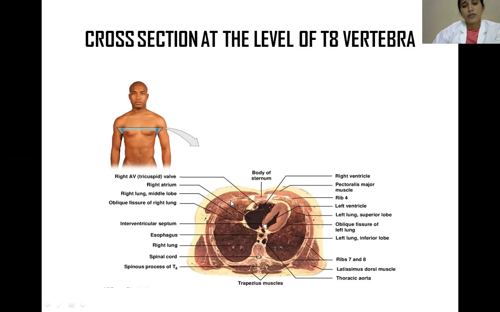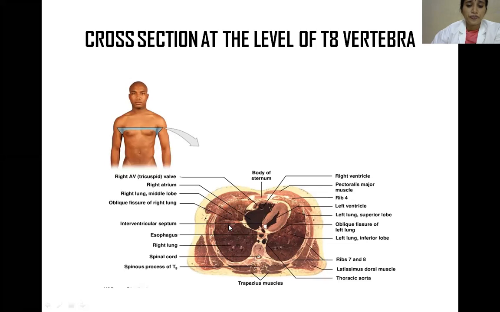Anterior to the sternum, the pectoral group of muscles, and just behind the body, nothing but the vertebra. Behind the vertebra, you are going to see the trapezius muscle, and beneath it, on a deeper plane, you are going to see the erector spinae group of muscles. And actually, there is the latissimus dorsi muscle.